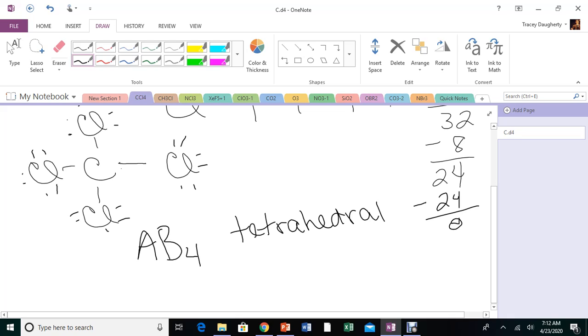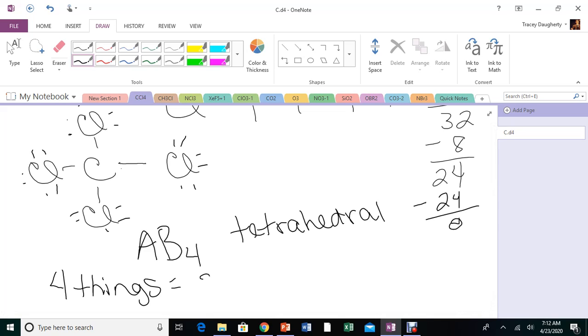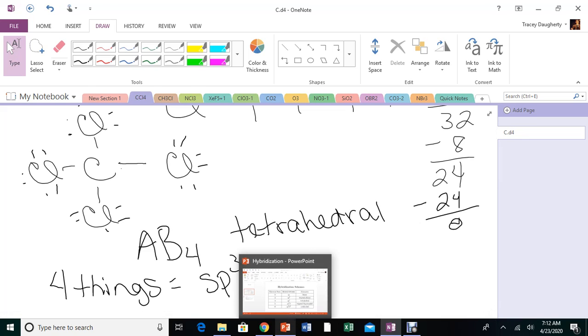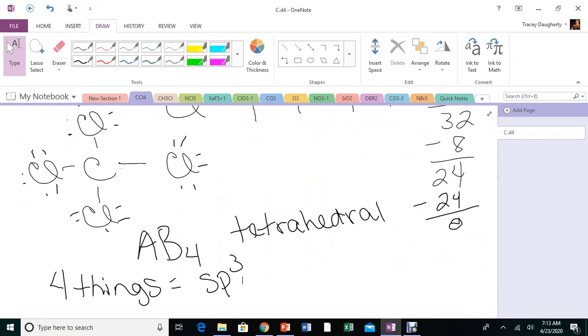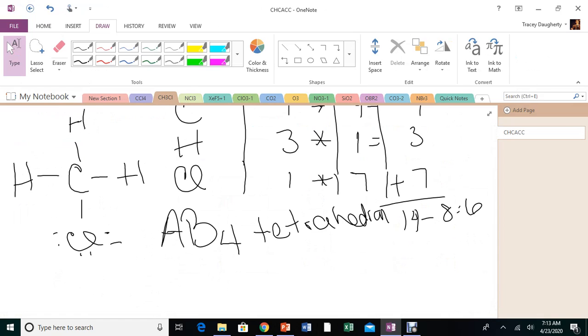So CCl4 has 4 things attached to it, which means that it is going to be sp3 according to your VSEPR theory chart. See, 4 things means sp3. CH3Cl is the same, it's going to be sp3.